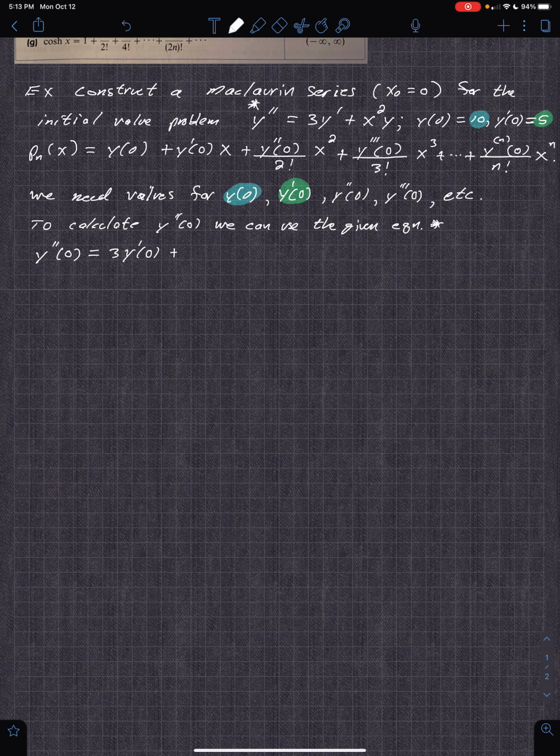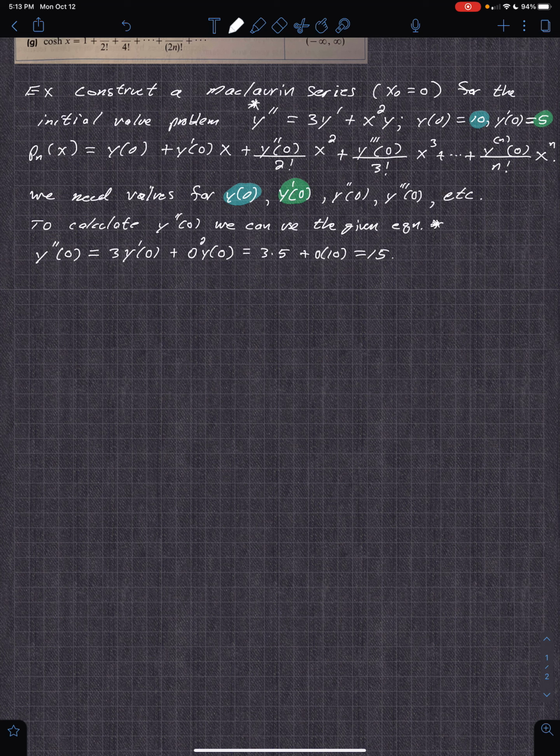Too many parentheses in there. 0 squared y of 0, which is just 0, of course. So that's 3 times, and we know y prime of 0 is 5. So you say 3 times 5, and then plus 0. So you get 15. So now we know what y double prime is. Now we want to keep going.